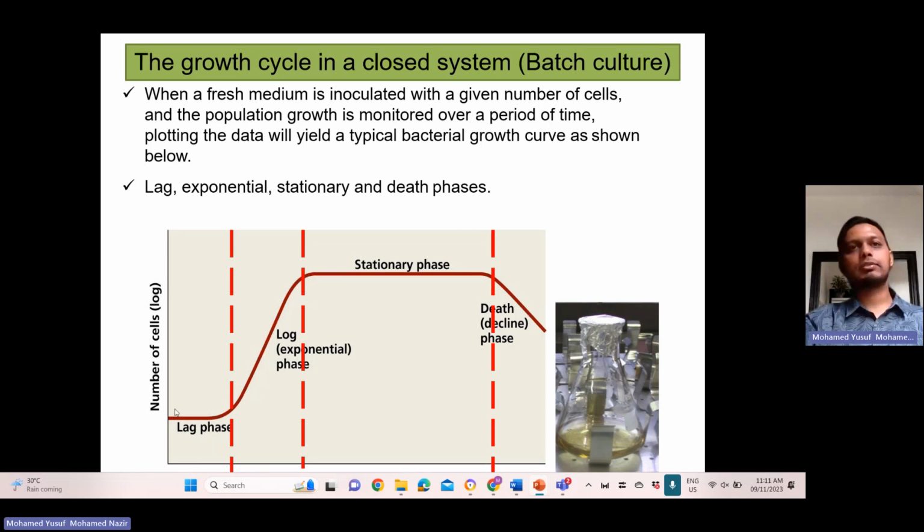This is what we call the adaptation phase. And then once the cell has adapted to the nutrient and the conditions of the environment, the cell will start to divide exponentially, or rapidly.